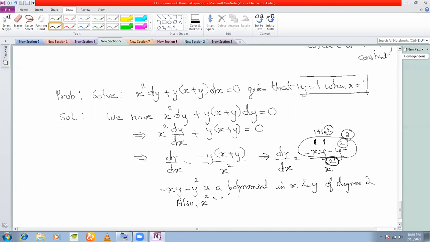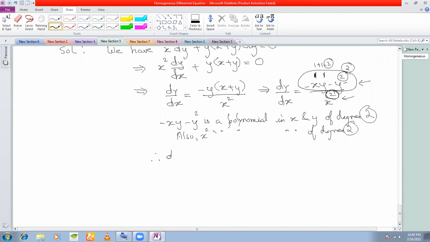So what do you see? Both the polynomials, in the numerator and in the denominator, are of degree 2. Right or wrong? Therefore, it must be a homogeneous differential equation.